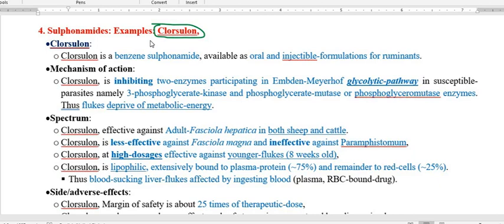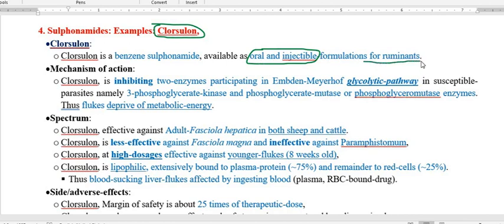So this sulfonamide clorsulon is also showing activity against the adult fluke, and clorsulon comes in both injectable as well as oral preparation for ruminants.